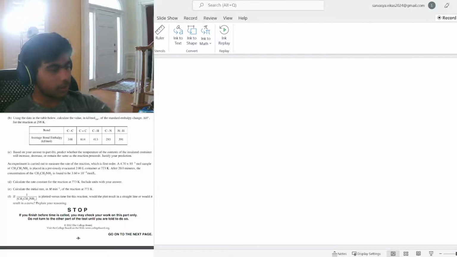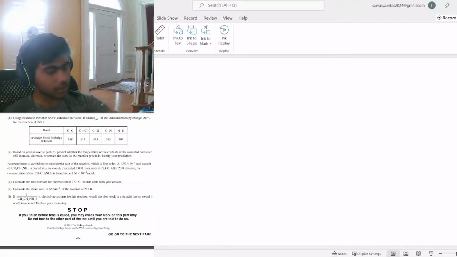So we're going to get the natural log of 3.6 times 10 to the negative 4 minus the natural log of 4.7 times 10 to the negative 3, divided by negative 20, is going to make the rate constant equal to what?